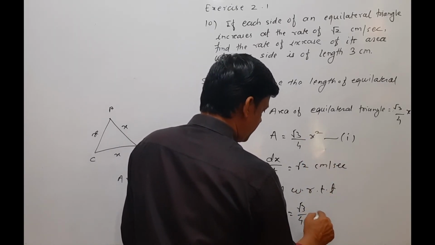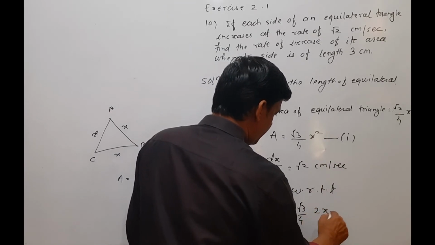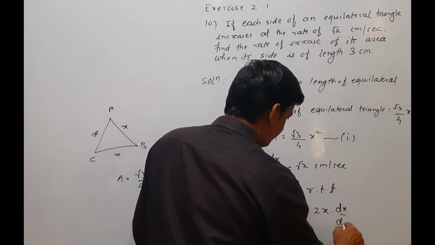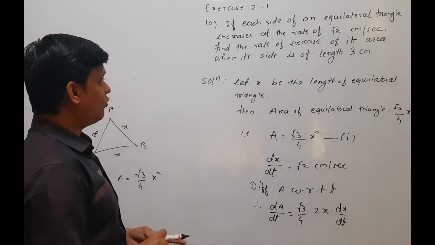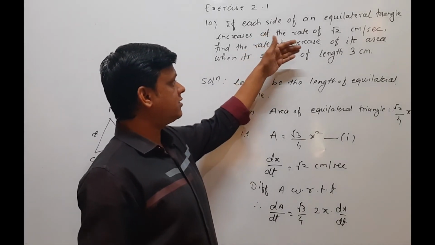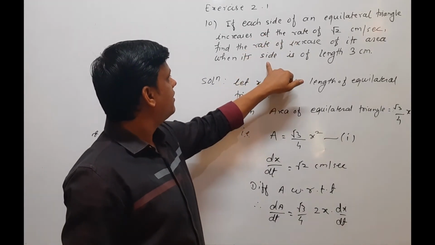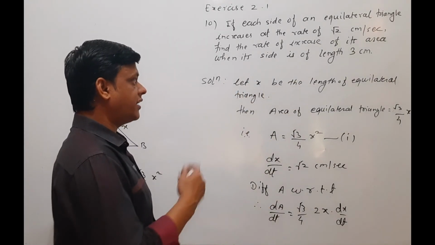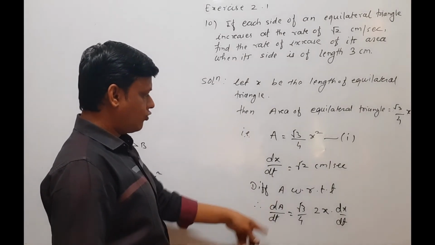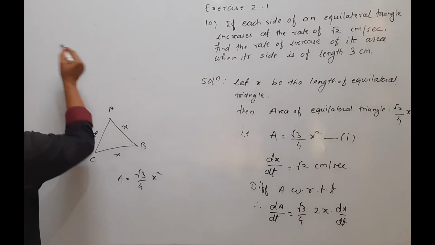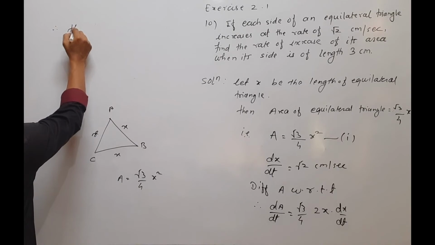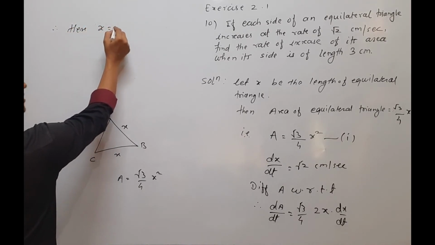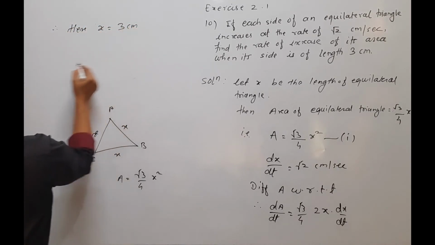Derivative of x square with respect to t, we write 2x into dx by dt. Now we have to find the rate of increase of its area when its side is of length 3 centimeter. That means when x equals to 3 centimeter, we have to find dA by dt.